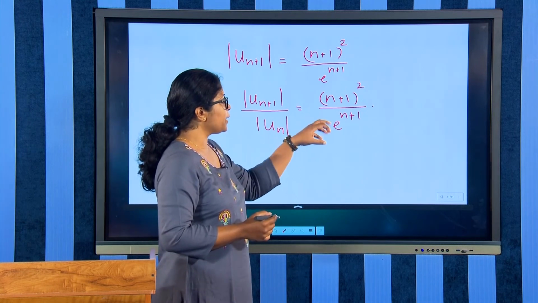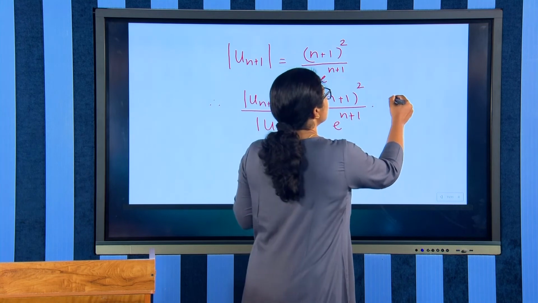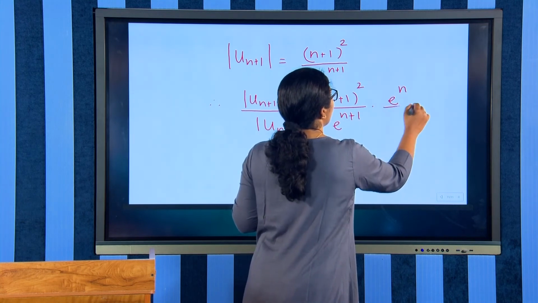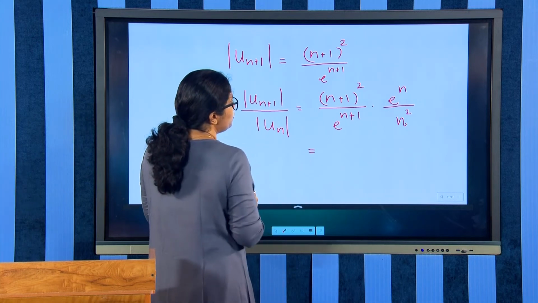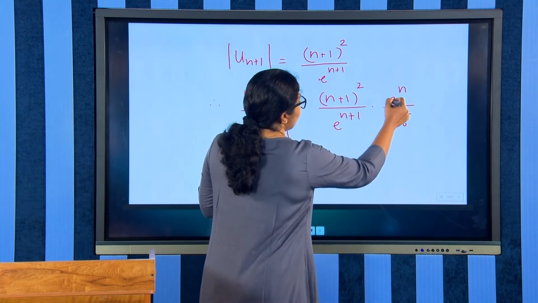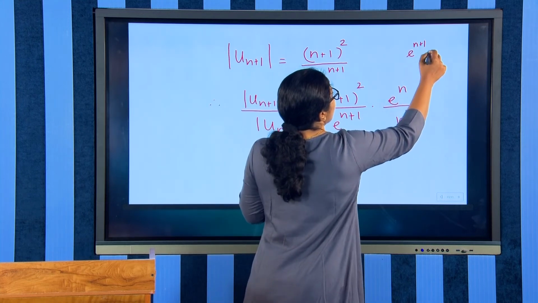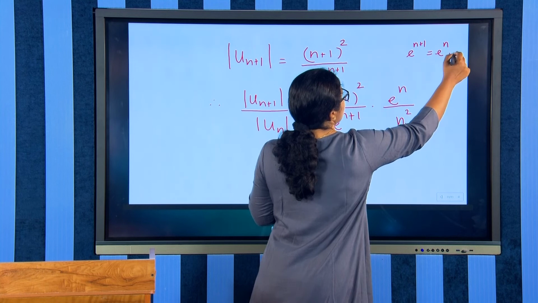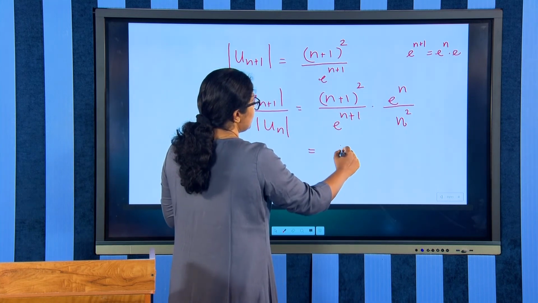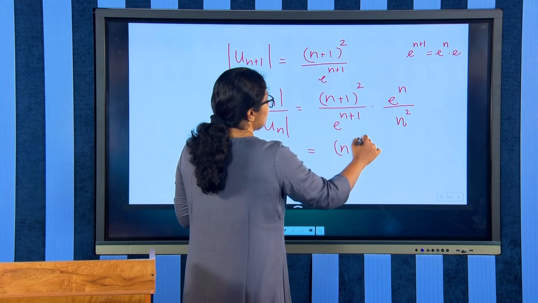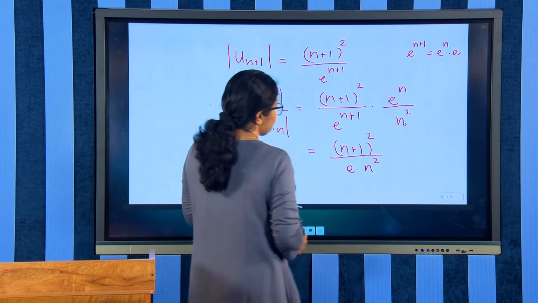Division by a ratio means multiplication with its reciprocal, so e^n / n^2. Now e^(n+1) is nothing but e^n into e, and so e^n and e^n will get cancelled. You will get (n+1)^2 / (e n^2).